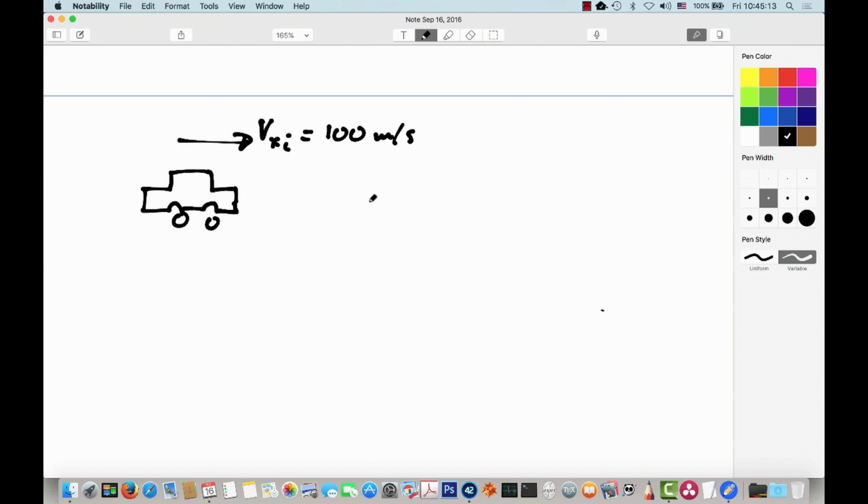Ooh, that word decelerate was a little tricky there. If we're decelerating, that's really telling us that the acceleration is pointing in the opposite direction of the velocity. I arbitrarily chose my car to go to the right, which is positive. So that's now forcing me to identify the acceleration as being minus 20 meters per second squared. And the minus sign there is because I'm going to the left.